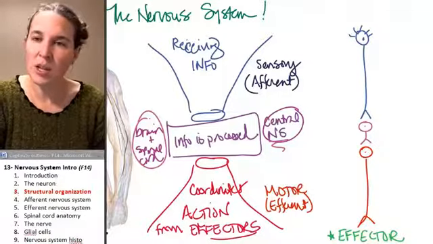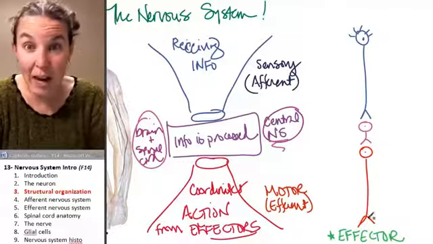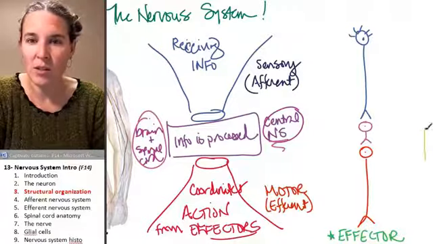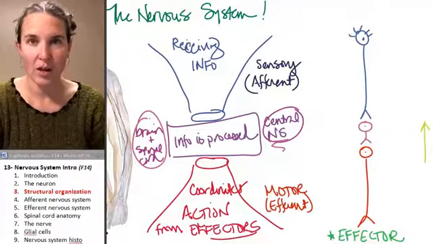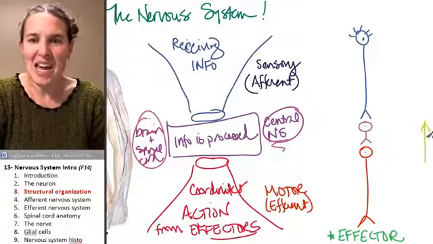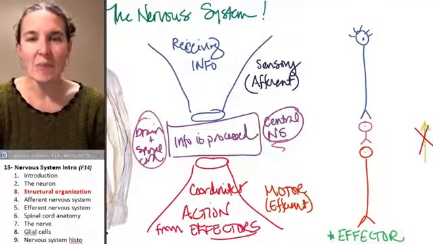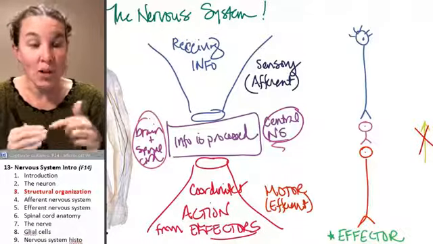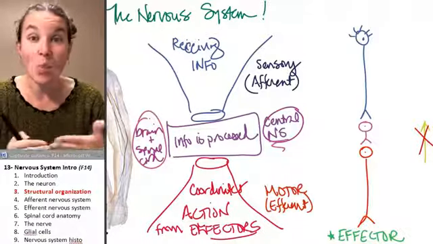Does the information ever, on this path that I just drew, travel in this direction on this pathway? No, never. Never, because information can only go one direction down the axon, and that's away from the cell body.